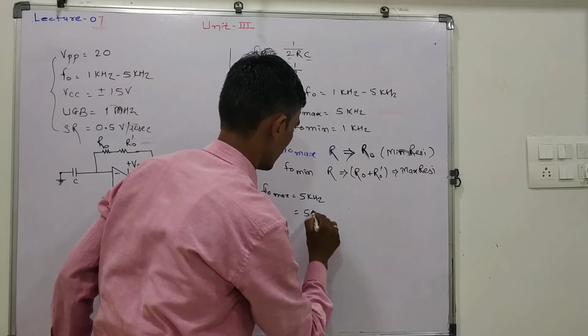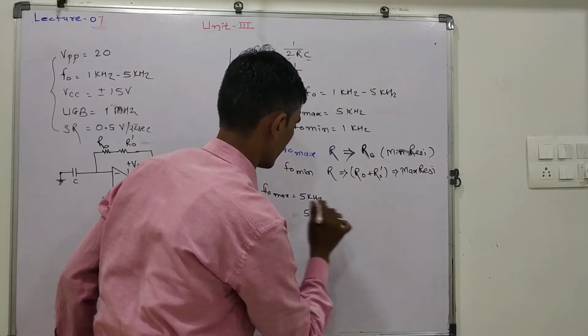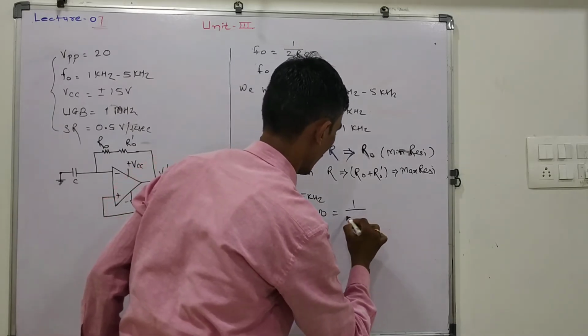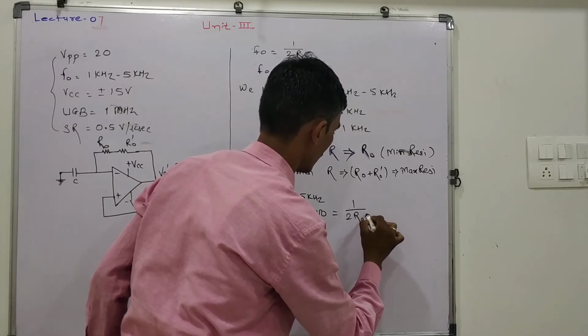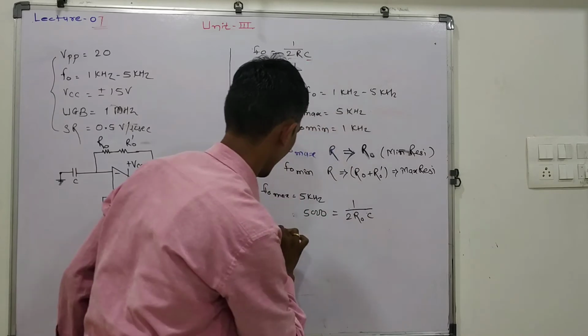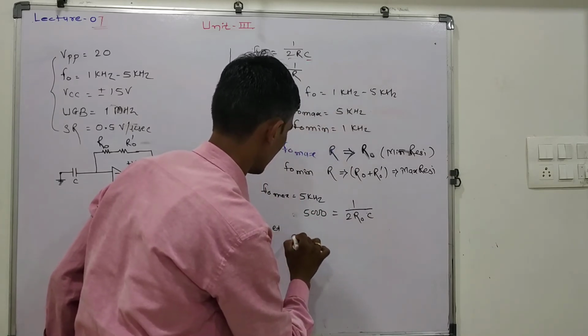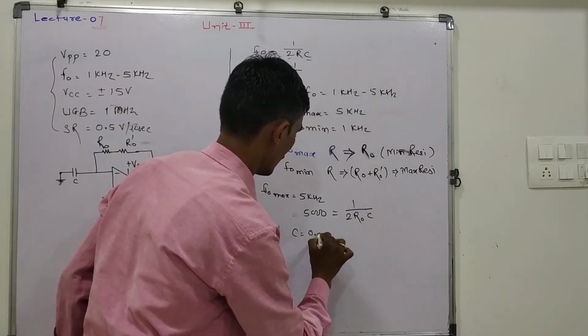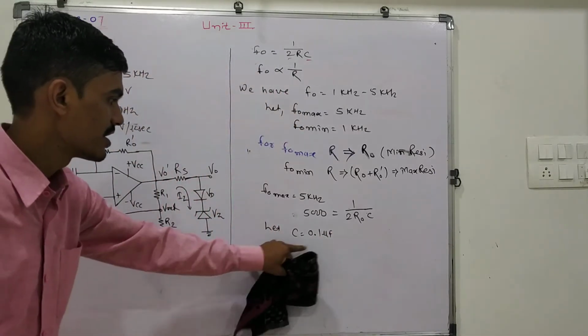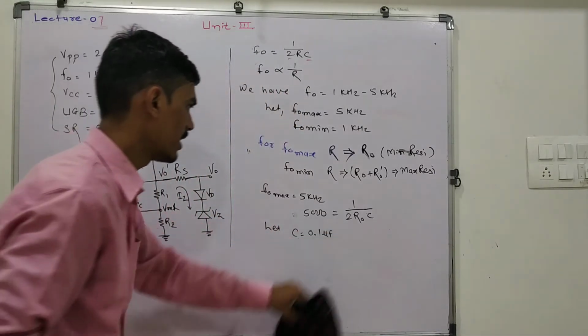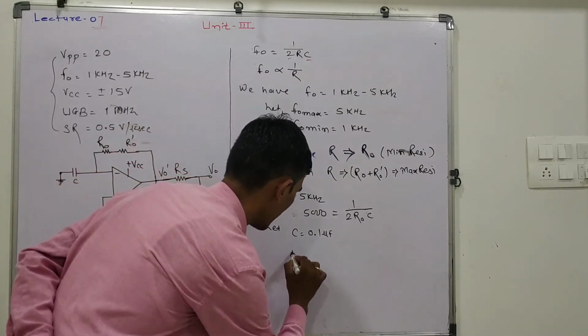So 5000 is equal to 1 upon 2 R0 C. Let C be equal to 0.1 microfarad. We are assuming here C is equal to 0.1 microfarad, so we will easily find the value of R0.